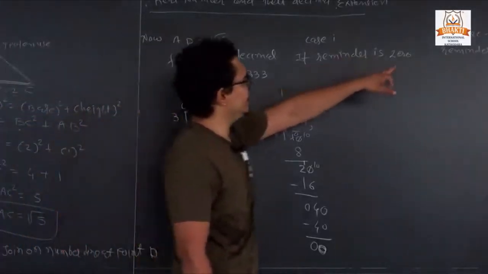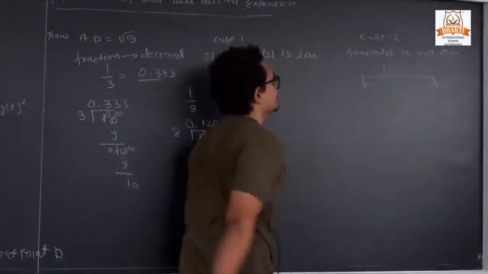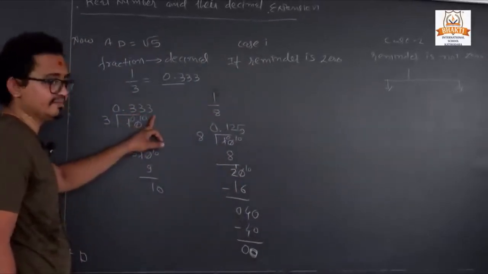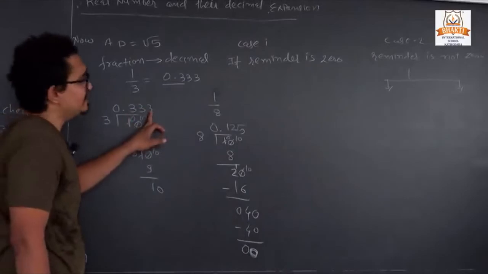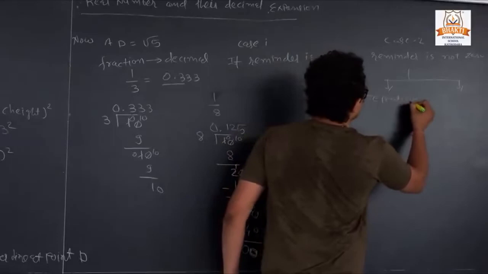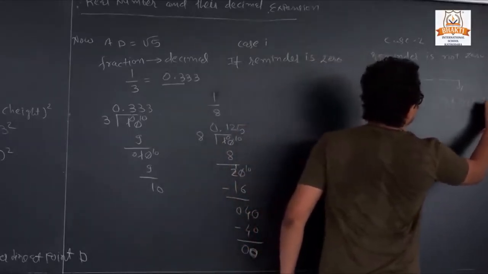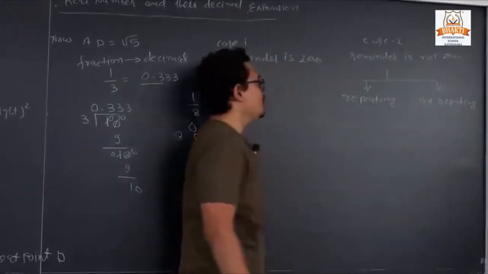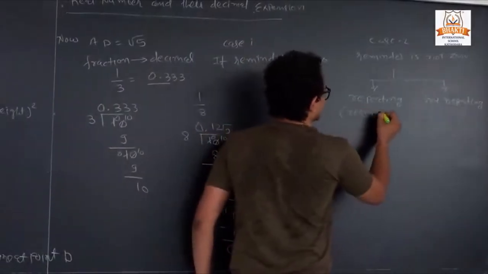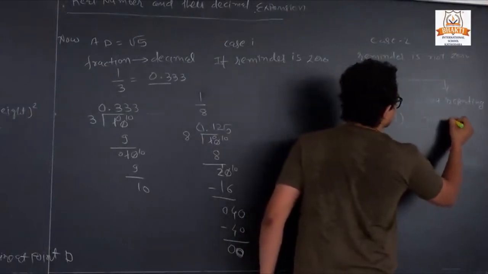But in this case we have two more cases. Here one of the digits is repeating, and in some cases the digits are not repeating. In your book they say a repeating digit is recurring. Here, non-recurring.